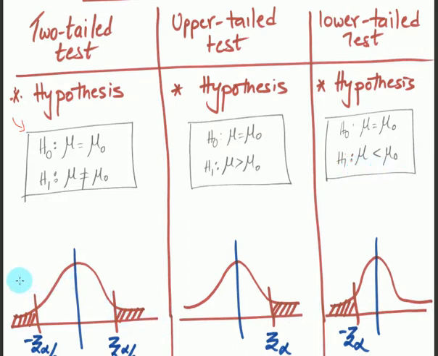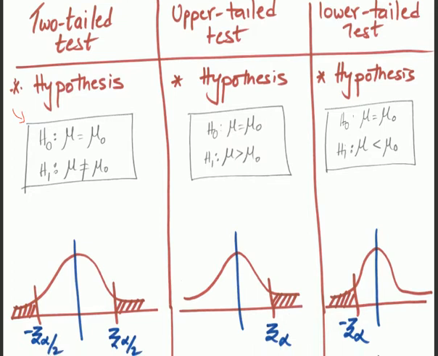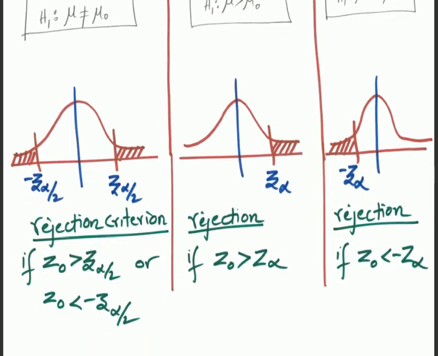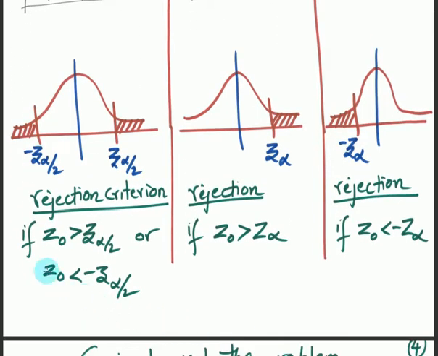So you're looking at a two-sided test here, an upper tailed test here, and a lower tail test here. Let's take a look at what the rejection criteria looks like. In this case, if the test statistic that you compute, the z naught, is either greater than z alpha over 2, which means it lies in this region, or if z naught is less than negative z alpha over 2, which means it lies in this region, you can reject the h naught.